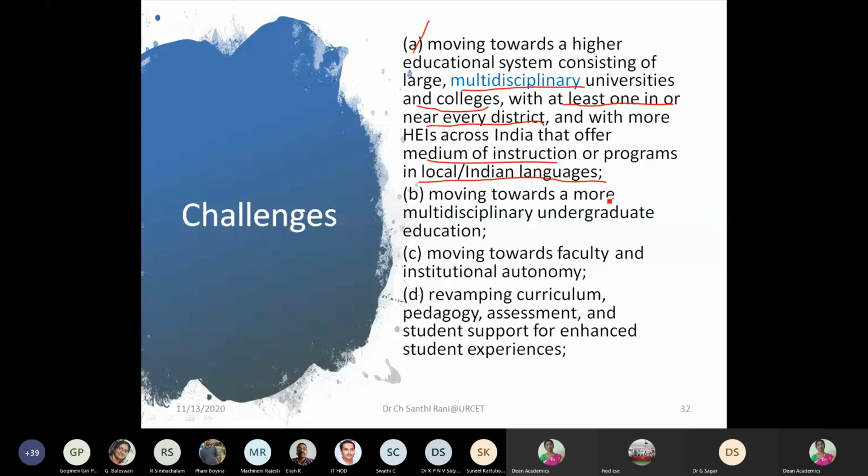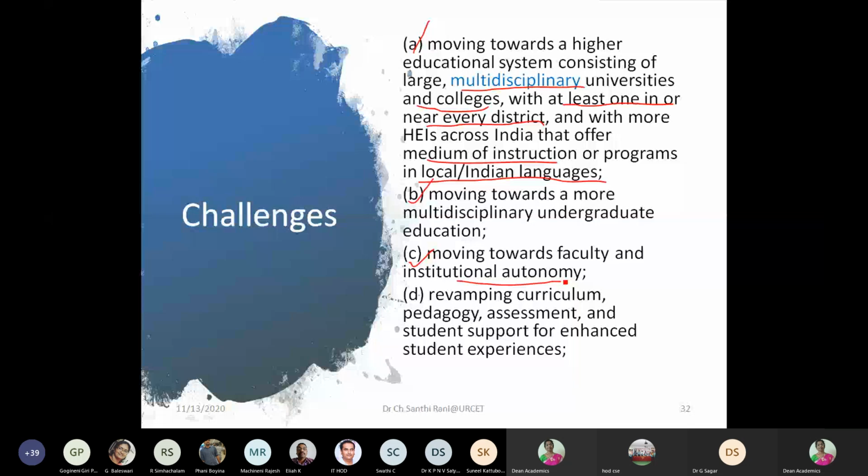chase that challenge. The second one, moving towards a more multidisciplinary undergraduate educational system. I mean undergraduate education. So far it has been BA, that's all, or BCom, that's all, BSc, that's all, BTech. So now we are going to move towards a more multidisciplinary undergraduate education system. And moving towards faculty and institutional autonomy. How far is our country going to give institutional autonomy and autonomy to individual faculty?